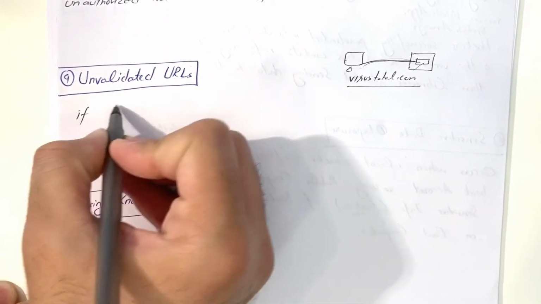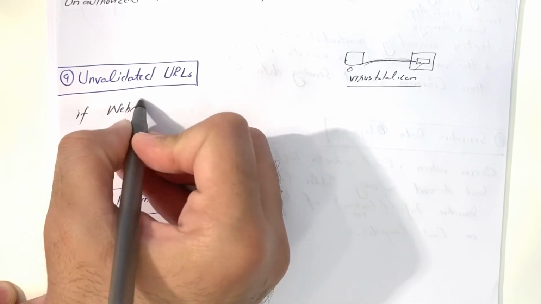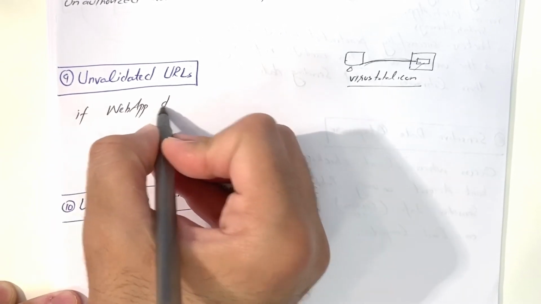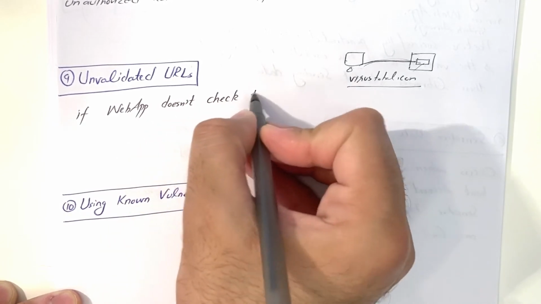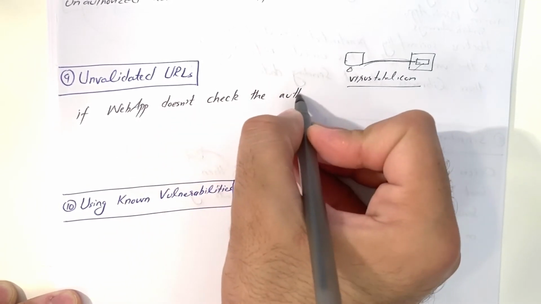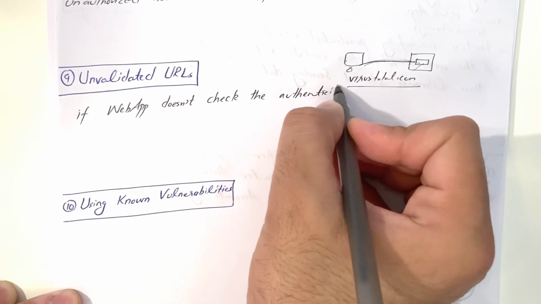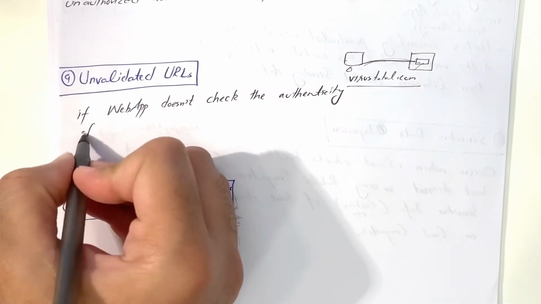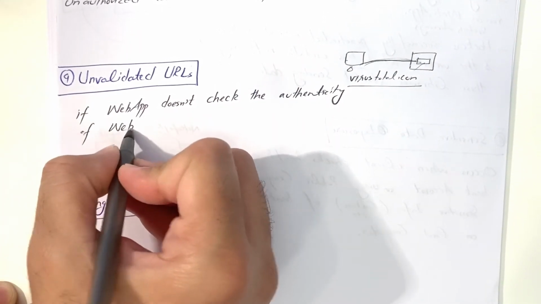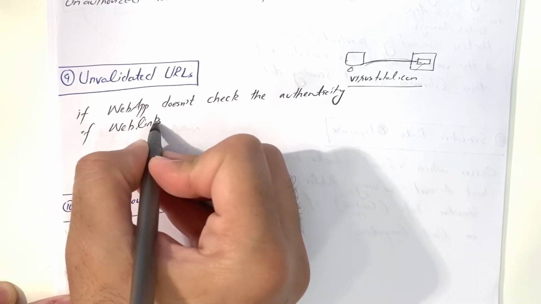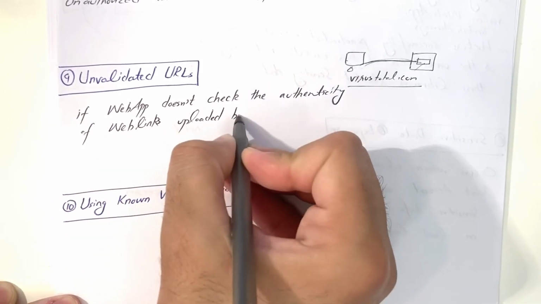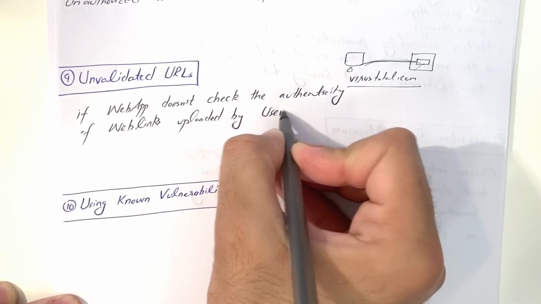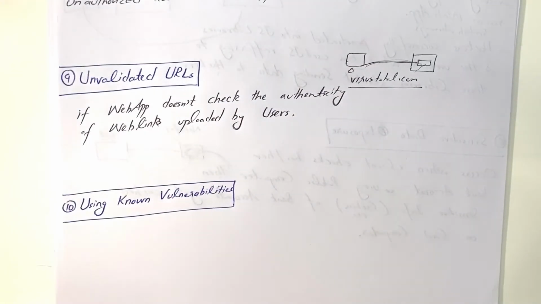If a web application doesn't check the authenticity of web links uploaded by users, it is called unvalidated URL.